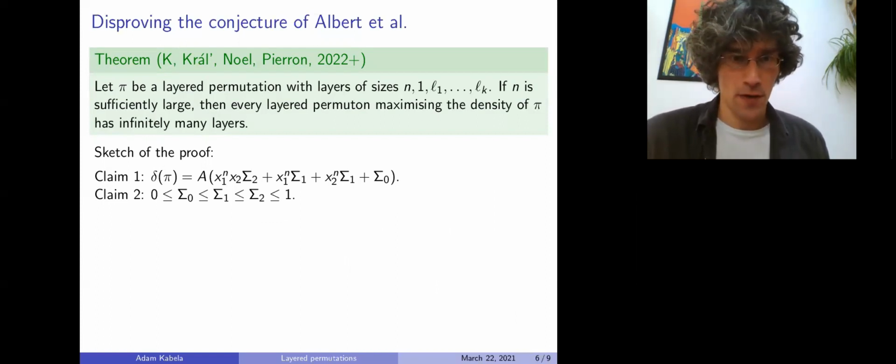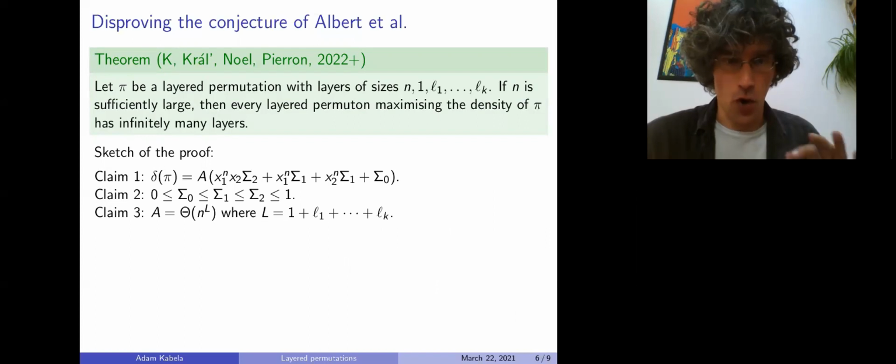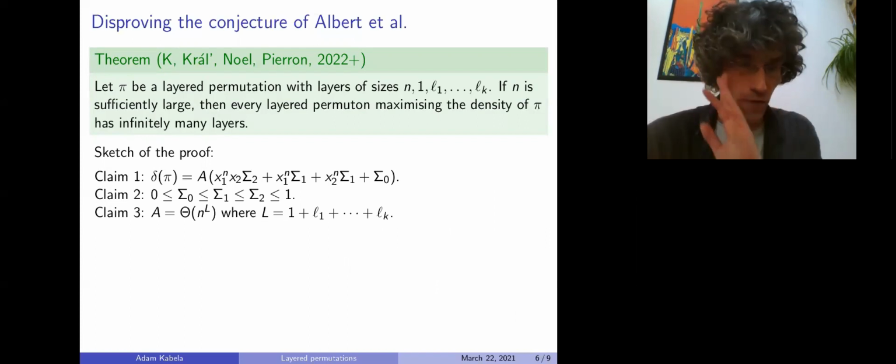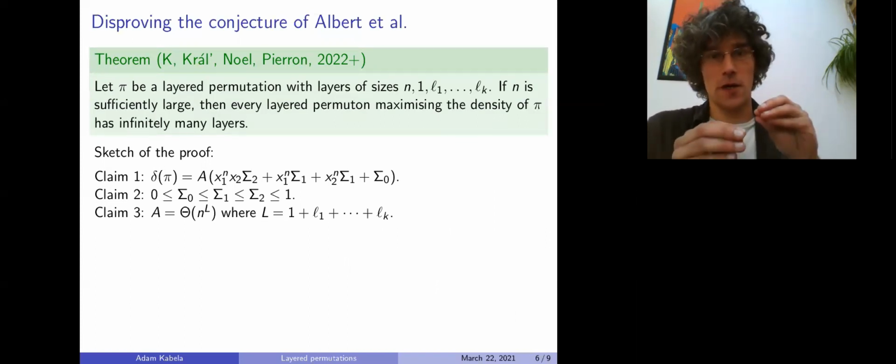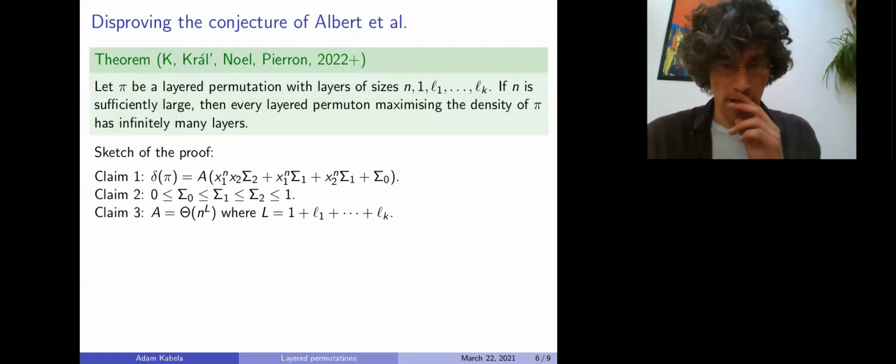Third step would be to think of this A, of this auxiliary coefficient of distributing over the layers throughout sampling.